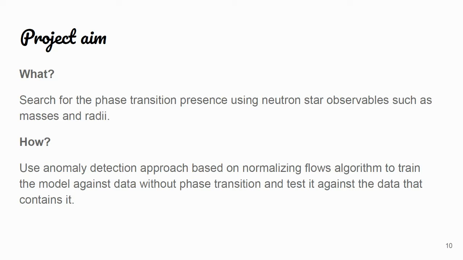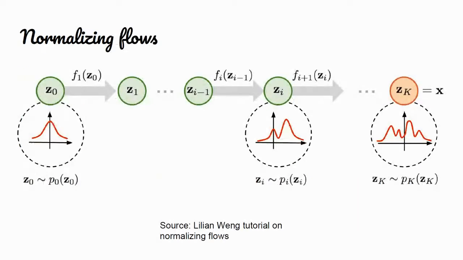The idea here was to bias a model toward a particular type of data: for example, train the model on data containing only observations from equations of state without phase transition, and test it on things that were anomalous in that context, totally different from the training data set.